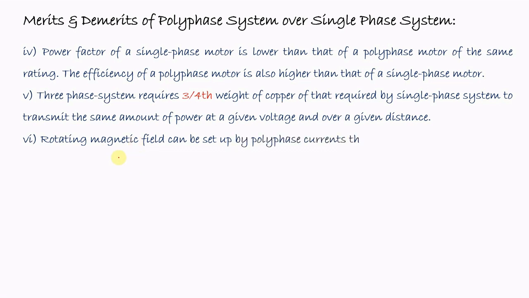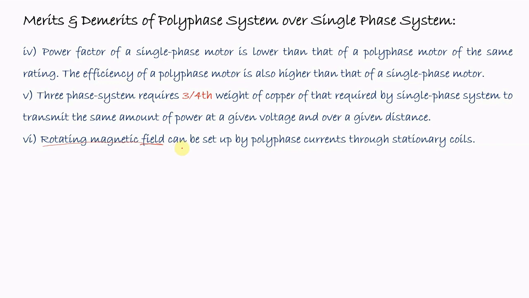The next advantage of the three phase system is that the rotating magnetic field can be set up by the polyphase current through the stationary coils. This rotating magnetic field is basically used to run the three phase machines. When we discuss different types of three phase machines, there we will discuss this rotating magnetic field.